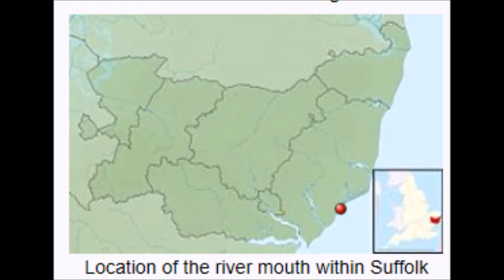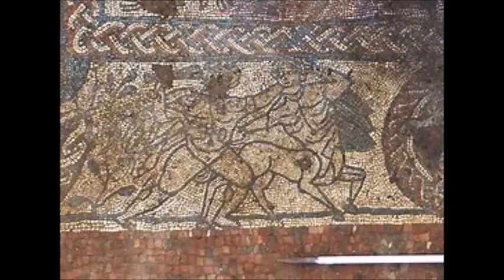So here we go, there is a mosaic. Just to give you an idea of clarity, mosaics themselves display greatly increased mythical scenes of the Roman world.